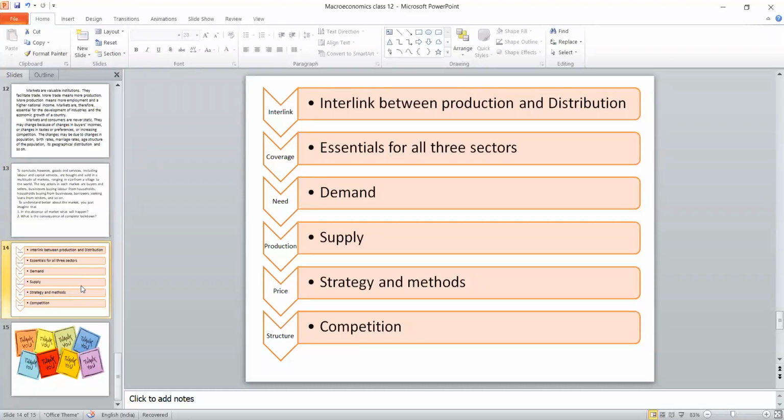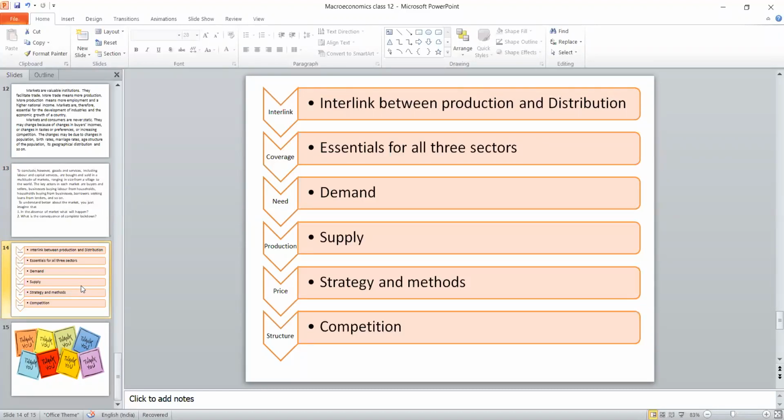The second one is that the market is a place where all three sectors are delivering their output: agriculture sector, industry sector, and service sector. All the sectors are busy with the market only. Suppose the market is not there, their output will not be distributed.